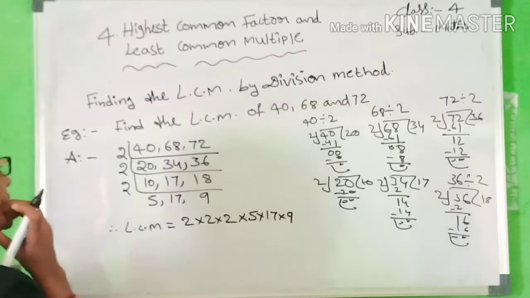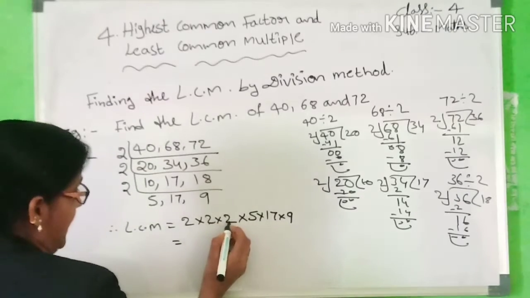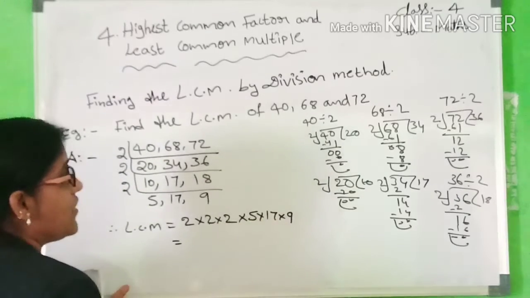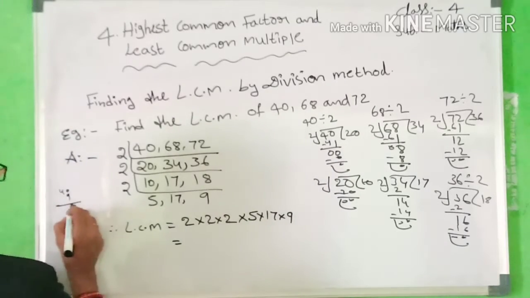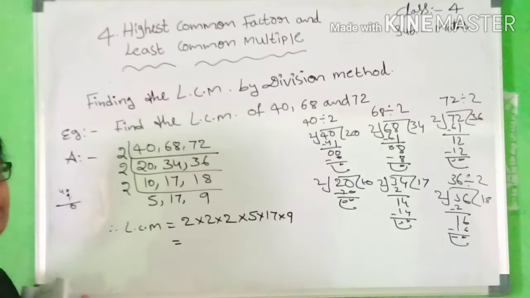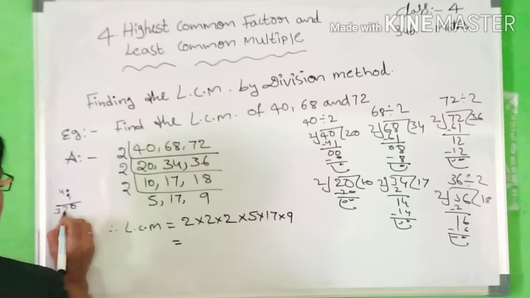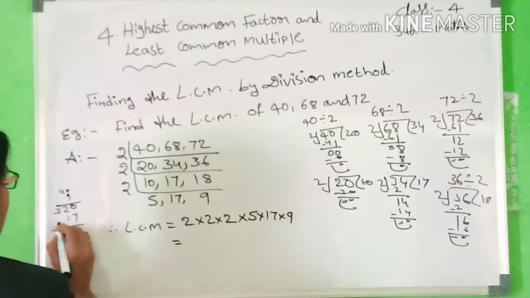Now you have to do multiplication. 2 2s are 4, 4 2s are 8. 8 5s are 40. 40 9s are how much? 360. Then you have to multiply 17 with it.